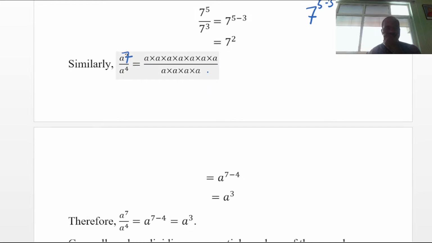So a will be multiplied 7 times, divided by a being multiplied 4 times. And eventually you'll be getting a times a times a, which is equivalent to taking a power 7 minus 4, and you're going to come out with a power 3.